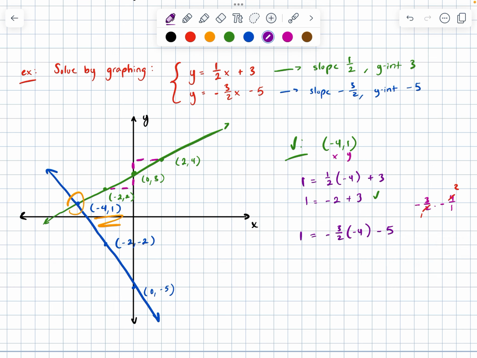Negative 3/1 times negative 2/1 is positive 6. 6 minus 5 is indeed equal to 1. This ordered pair makes both of my equations true. So I can say that negative 4, 1 is indeed the solution to my system.